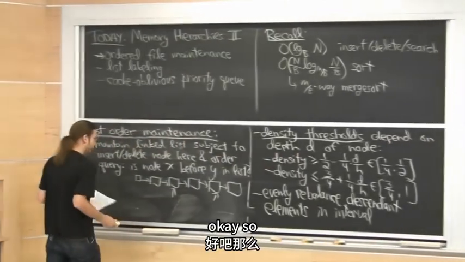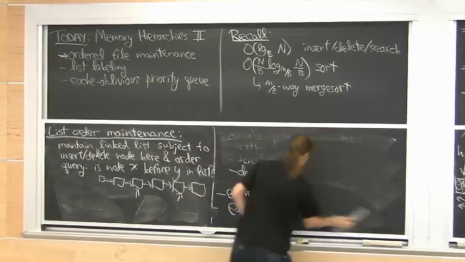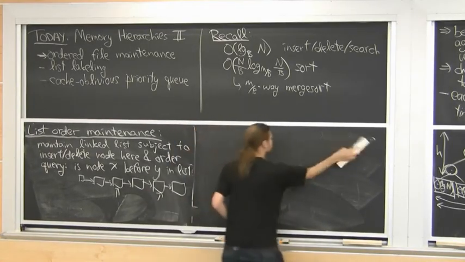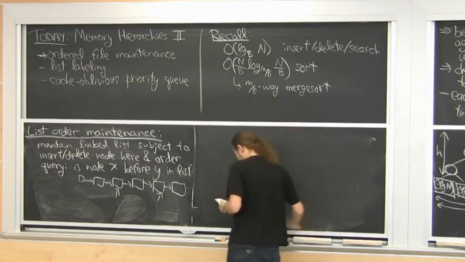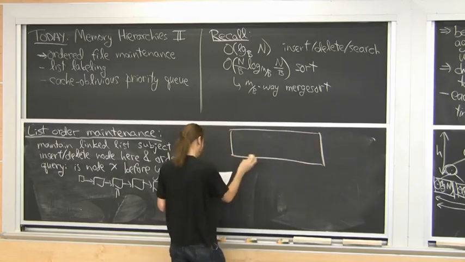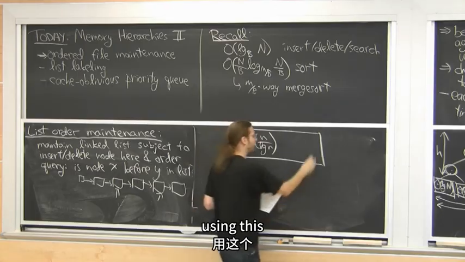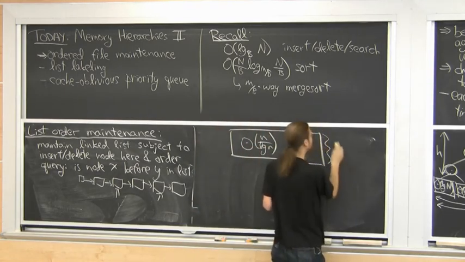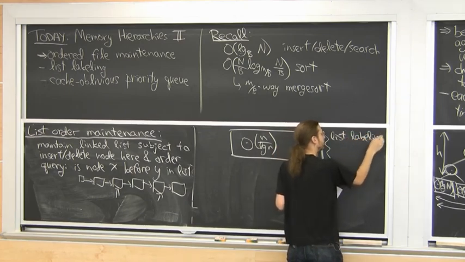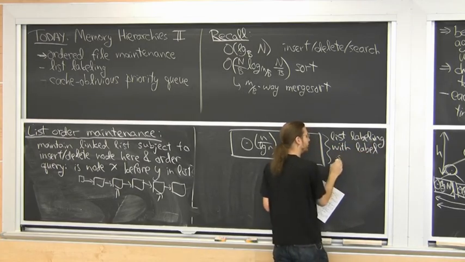Okay, so let's do that on this board. So on the top, we're going to store n over log n items using this list labeling with label space, say n squared.